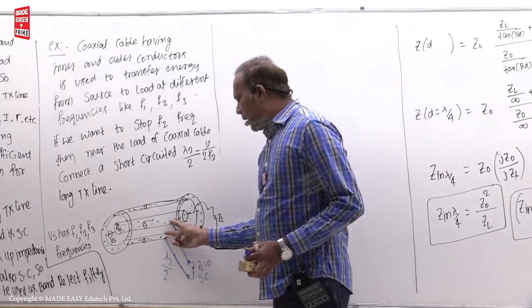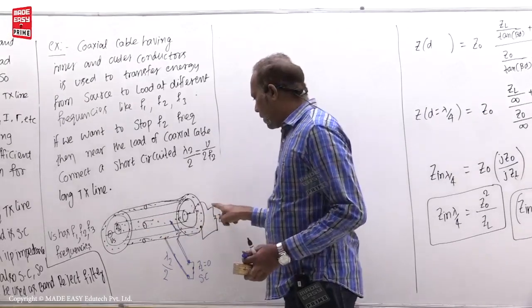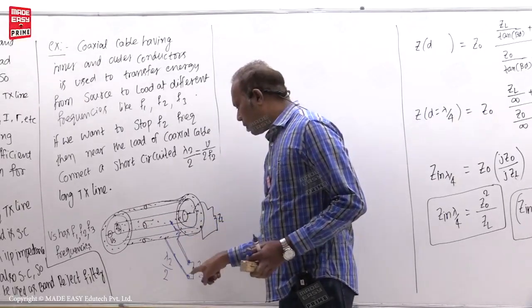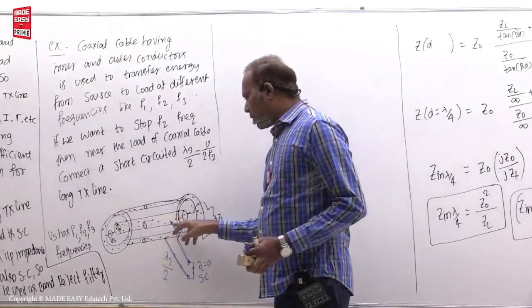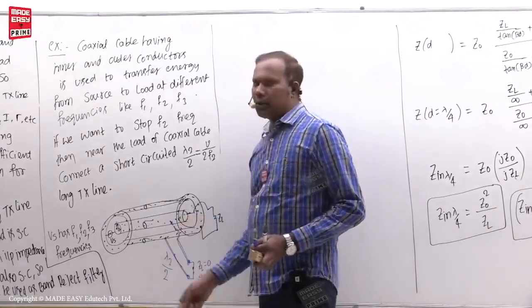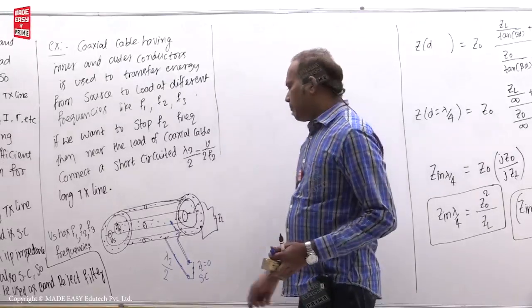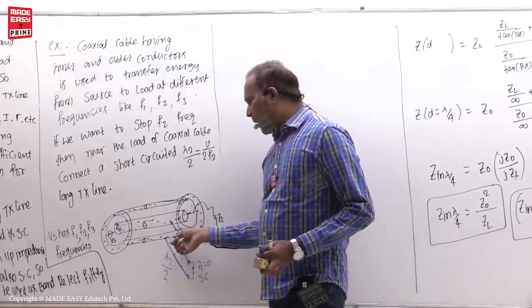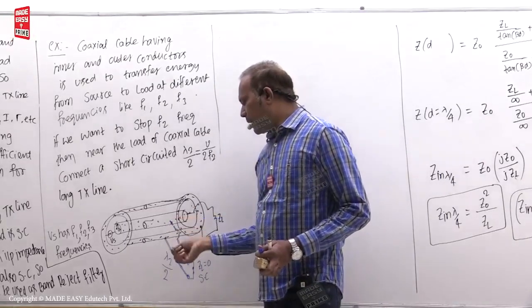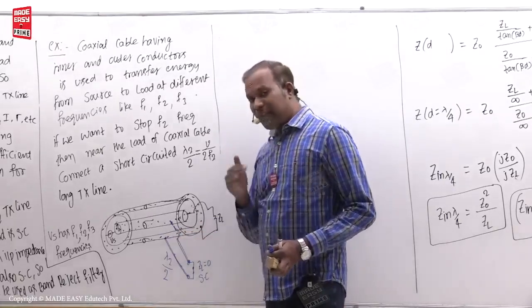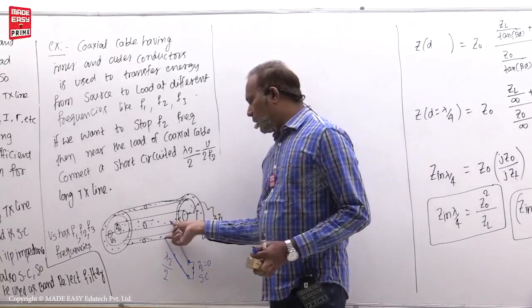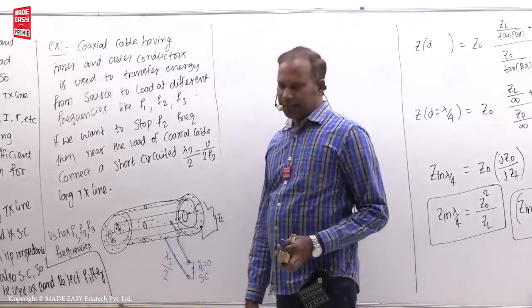The input impedance is also short circuited. Now that signal has two paths. It can go like this also, it can go like this also. But that signal passes through this short circuit, because whenever two parallel paths are available and one has low impedance, the signal prefers to pass through the low impedance path.